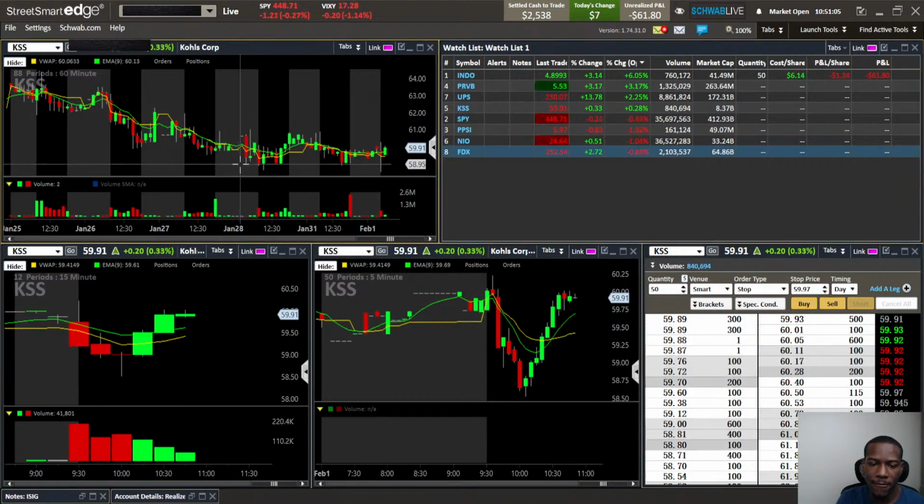It did it back here, 58 all the way back up to 60. It has a pattern of doing that. Definitely not one you want to short and walk away from.